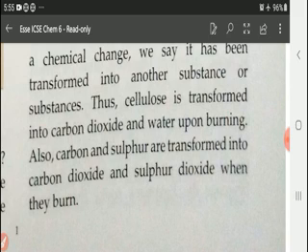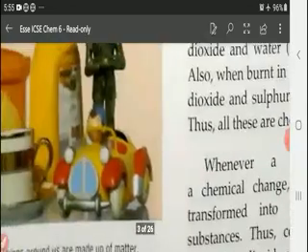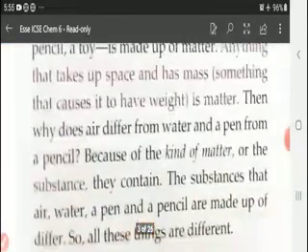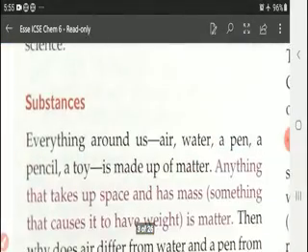So today we discussed, first of all, chemistry. Then we have discussed the substances. There we got one important definition, that is matter.